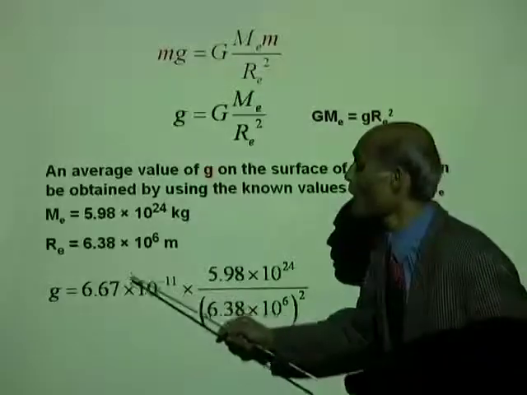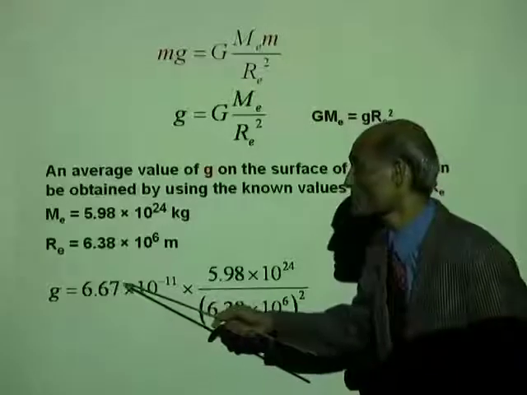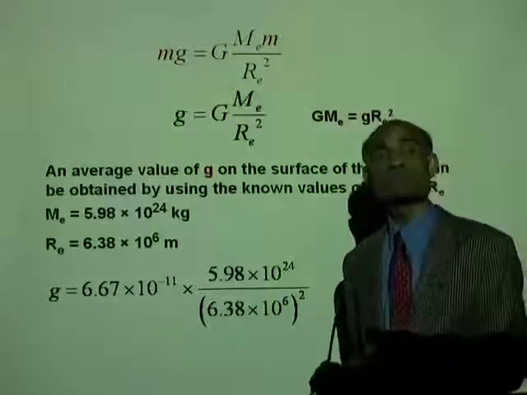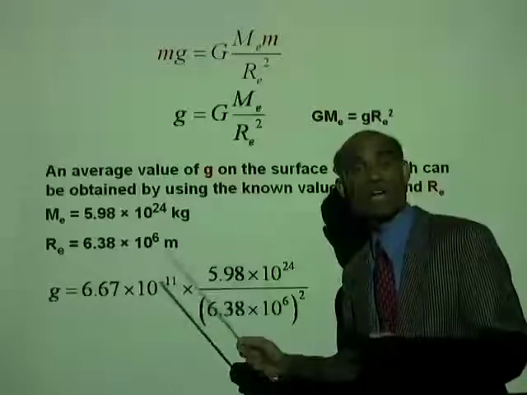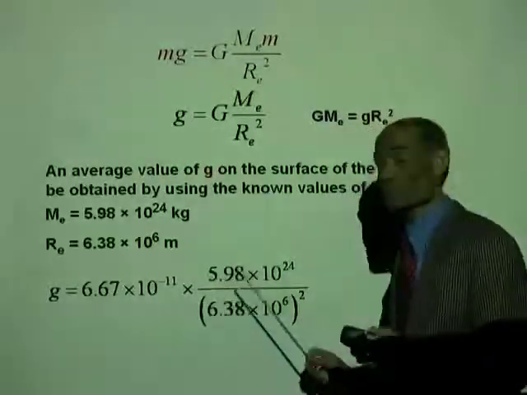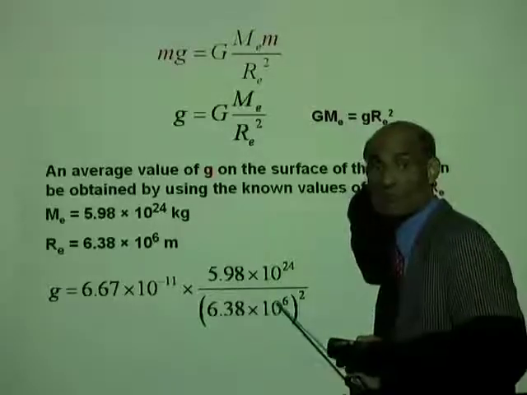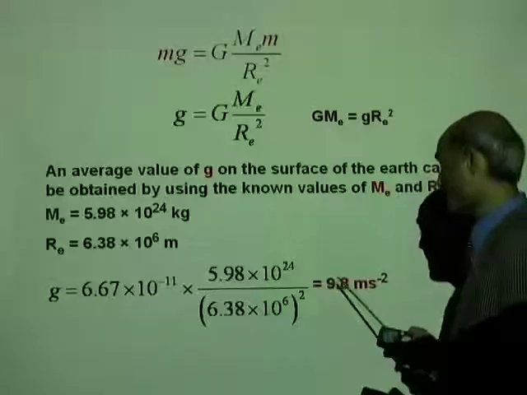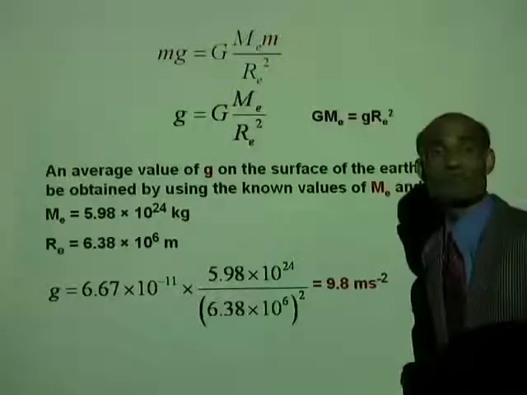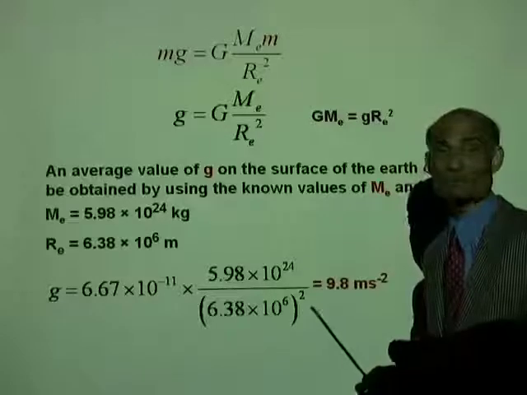The value of the universal gravitational constant is 6.67 times 10 to the negative 11. What's the unit there? Newton meter squared per kilogram squared. And this is the mass of the Earth. And this is the average radius of the Earth. And that gives you our famous value 9.8 meter per second squared.